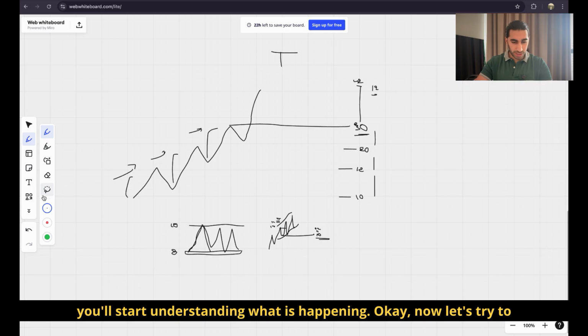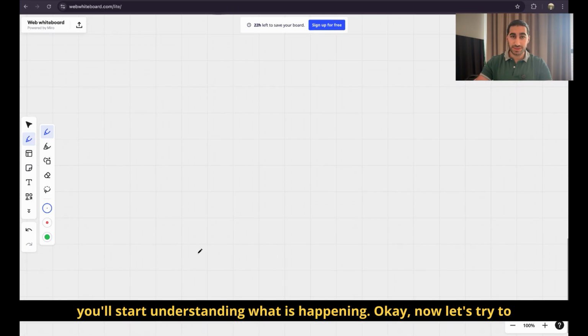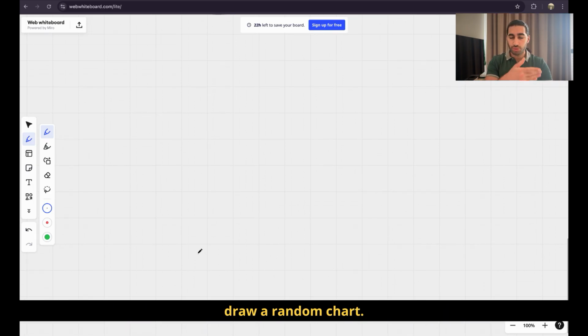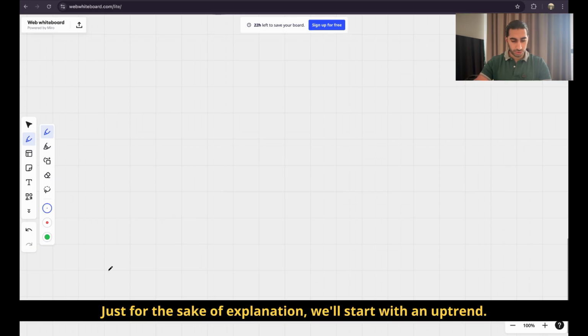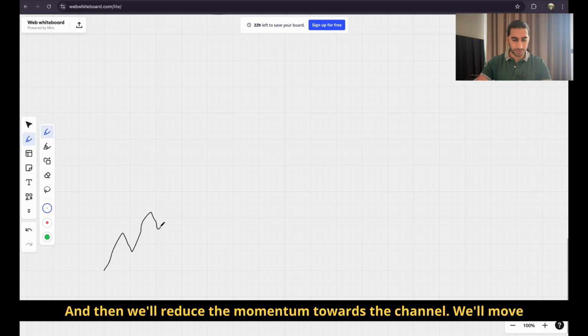Okay, now let's try to draw a random chart. Just for the sake of explanation, we'll start with an uptrend and then we'll reduce the momentum towards the channel, and move towards a range.